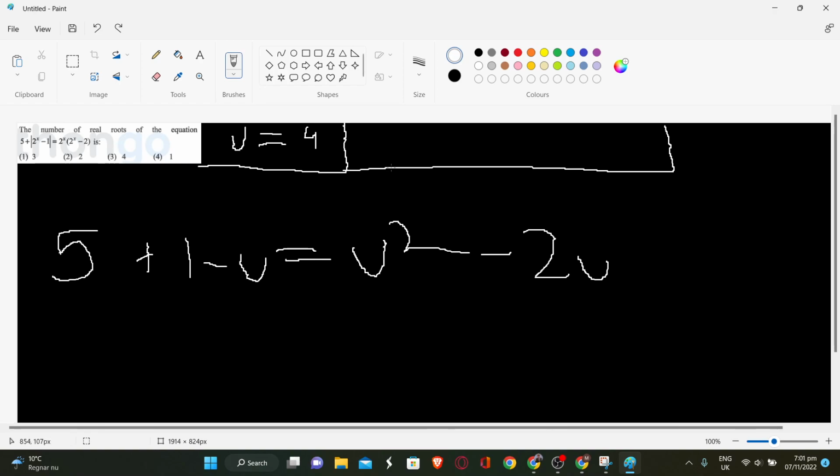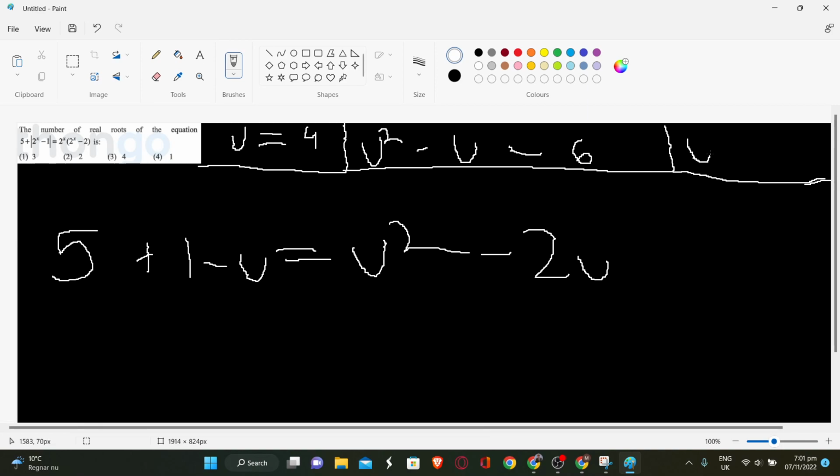So now the quadratic equation that we're gonna get from here is gonna be u square minus u minus 6. Now I'm gonna skip the solving of the quadratic equation part, because you guys know how to do it.